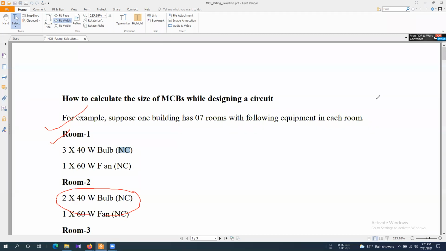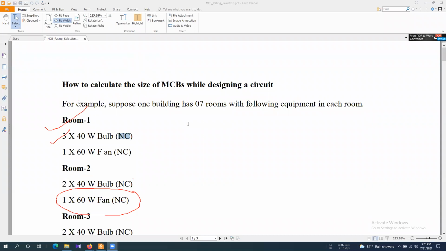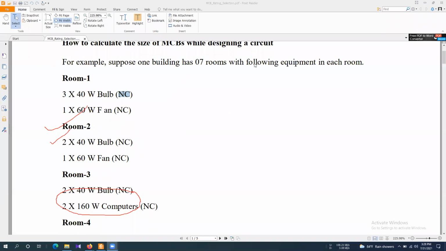First of all, think of the general layout like this. You can classify all these loads into 7 room-wise sections. This is room 1, this is room 2.